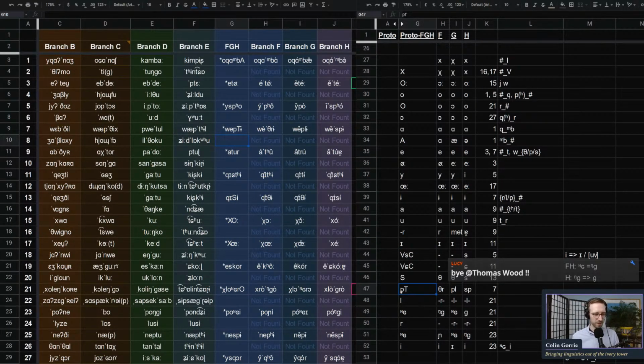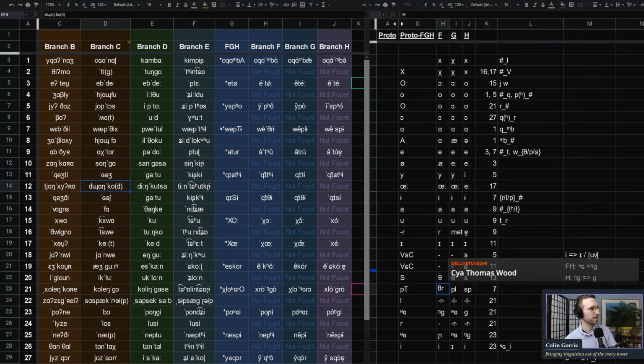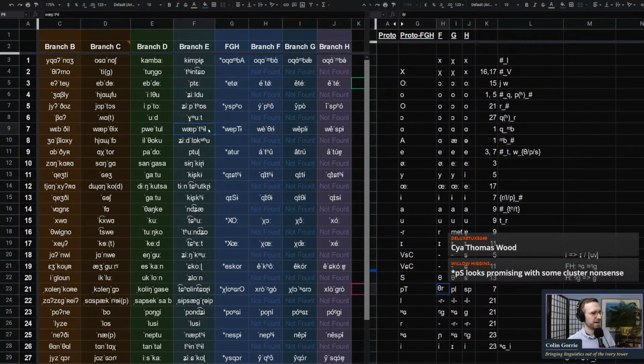Although, how we go from pta to thra, this is what bothers me here. I think this is going to end up being something like... Because if we look at the other languages, we have the L, L, H. Okay, that's weird.